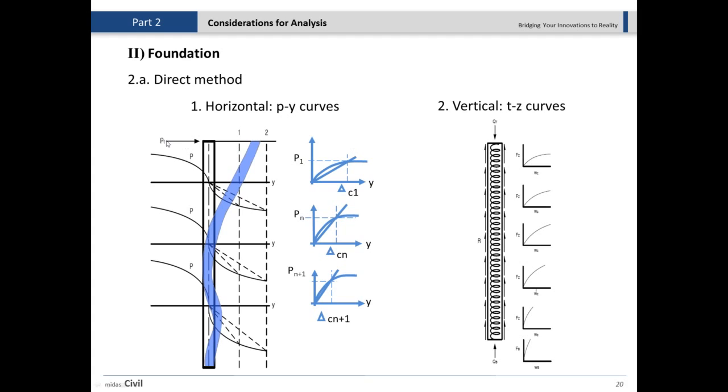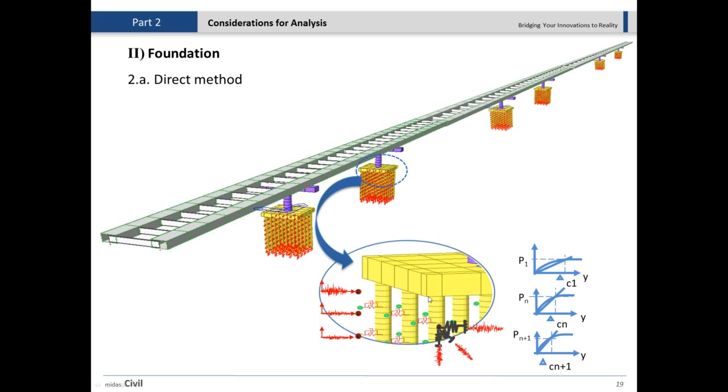In this case for the PY curve, we are applying the force laterally to the structure. But for the TZ curve, we are applying the forces in the vertical direction and again finding the response of the structure. As you can see here, we got these TZ curves for the different depths, and this one also gets steeper as we go deeper in the pile.